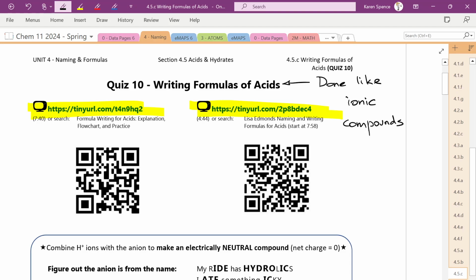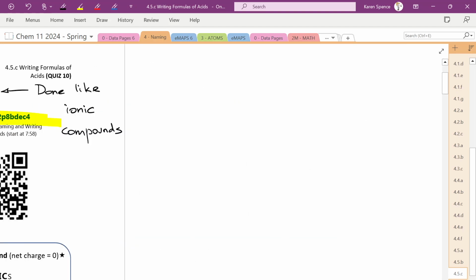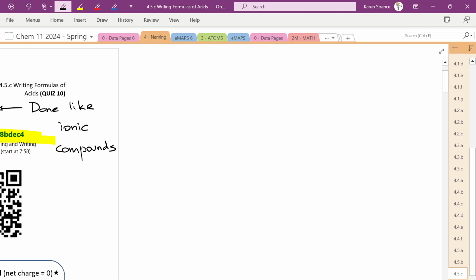How did you write formulas for ionic compounds? Let's say I gave you calcium hydroxide. How would you write the formula for that one?